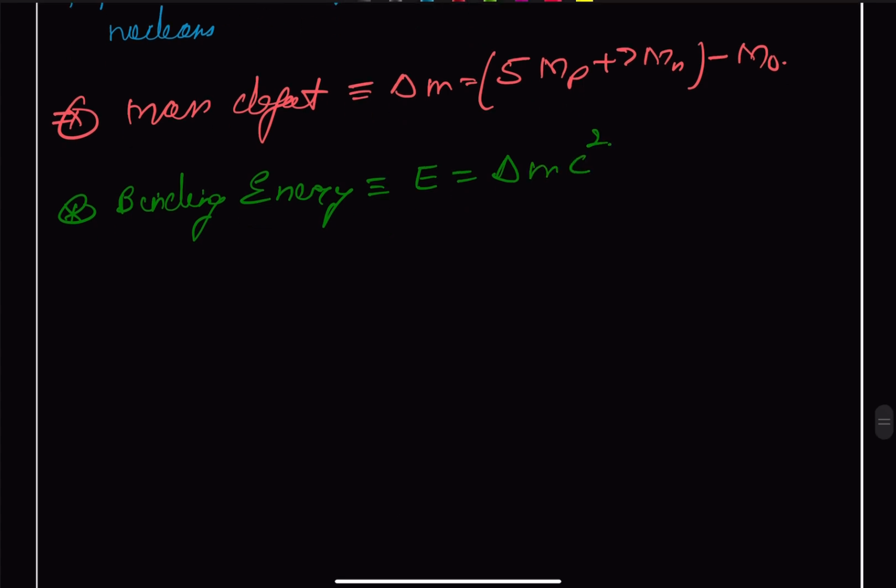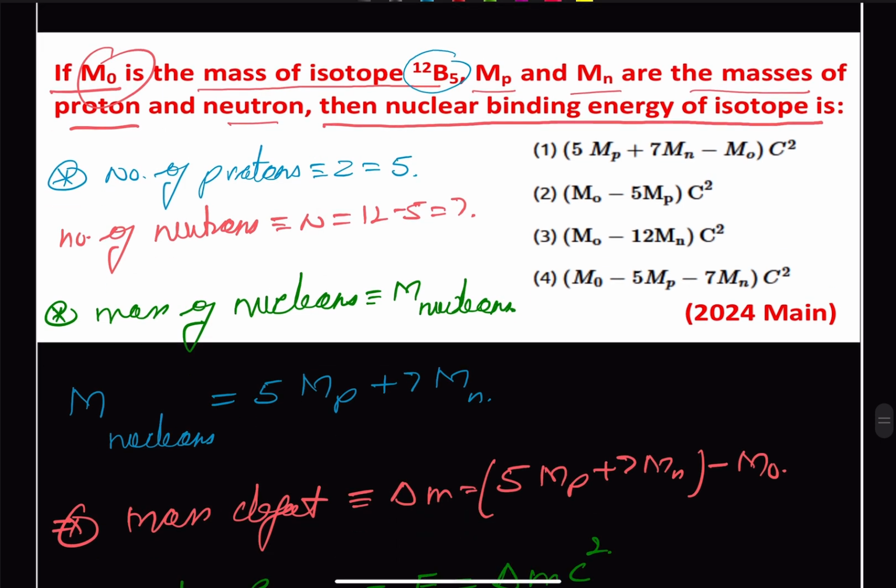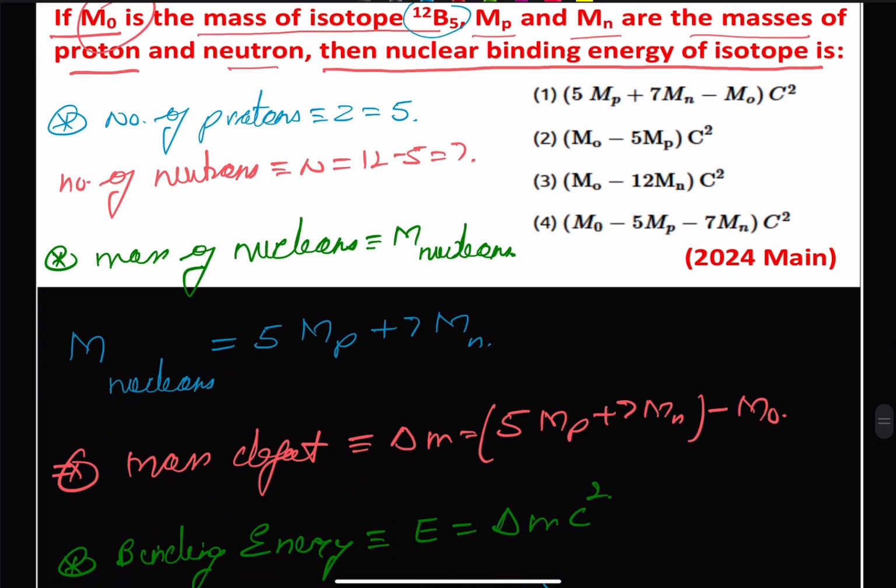So we substitute the value of delta M, we get this as 5 times Mp plus 7 times Mn minus M naught, whole times C square. So option 1 is correct.